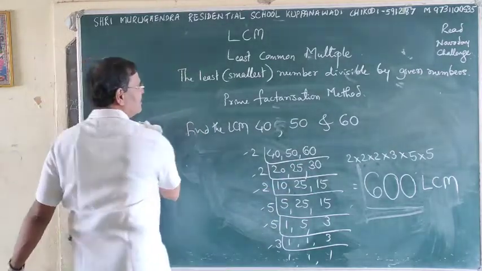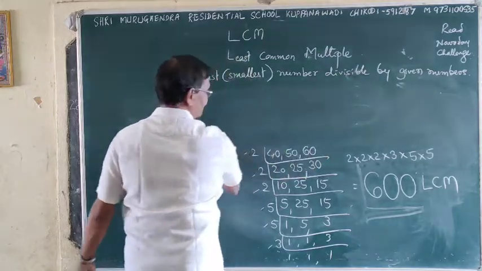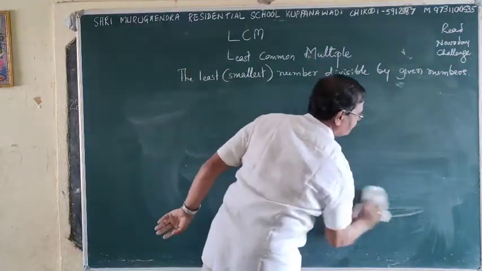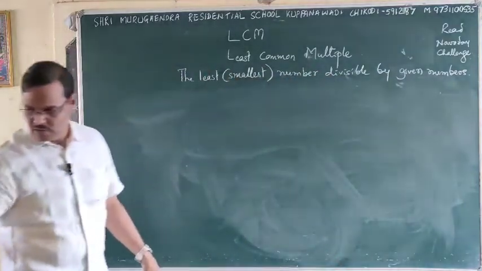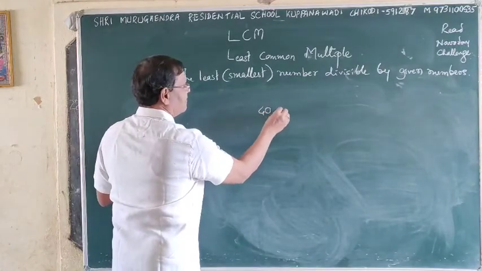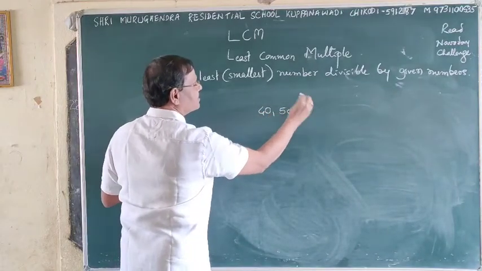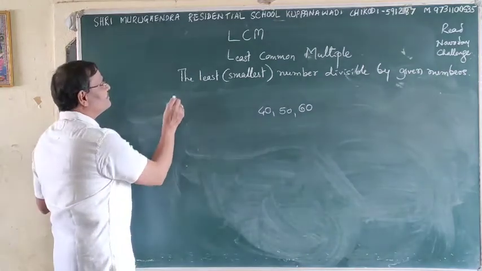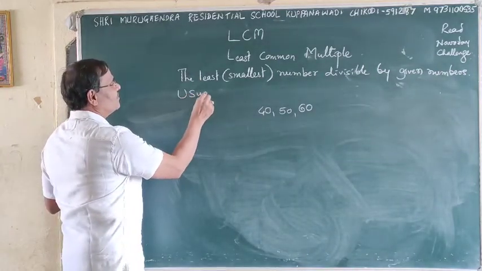We should not go for all these methods. We have to go for tricks here now. Now, I am not following any rule. 40, 50 and 60. See, the usual division method we can go.